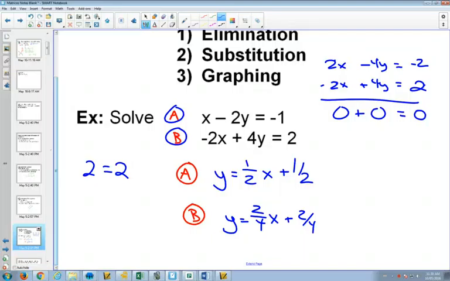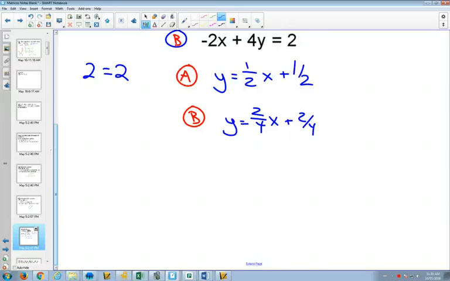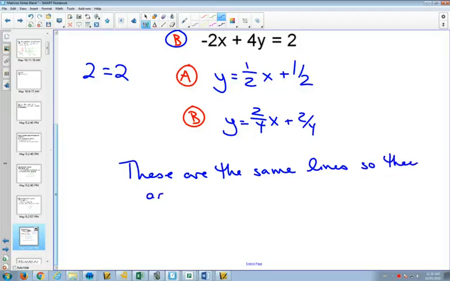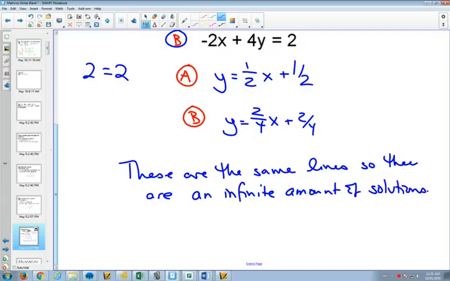So in a question like this, when you get something that's always true, you could take the time to rearrange it to y equals mx plus b to show that these are the same lines and end with a statement. So there are an infinite amount of solutions.